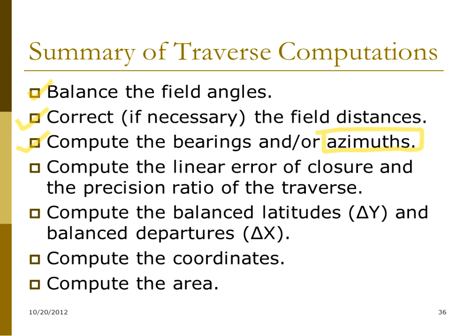Stick with your azimuth. It's much, much easier for each line segment. Then you need to compute the linear error of closure. Remember, that's our E value, basically using our Pythagorean theorem, and our precision ratio. We then compute the balanced latitudes and balanced departures. That's using the compass rule.